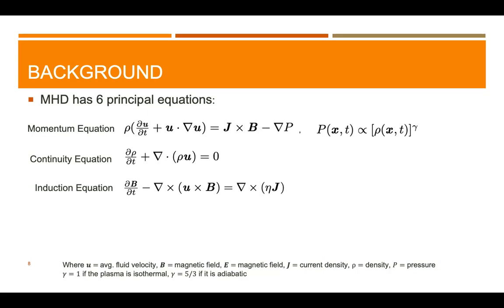So it actually ends up describing the change in the magnetic field with respect to the curl of your fluid momentum and magnetic field cross products. On the right-hand side, we see there's also a current term involved, but that eta there is resistivity. So if that's 0, if your plasma is indeed an ideal conductor, it's just 0 on the right-hand side.